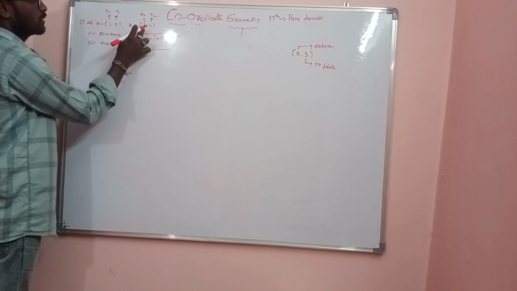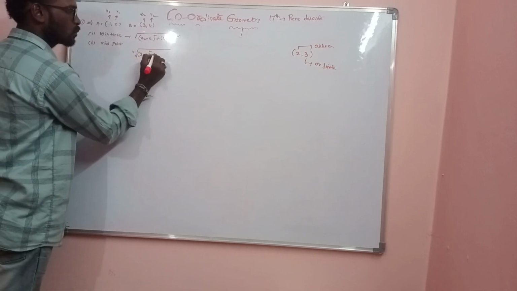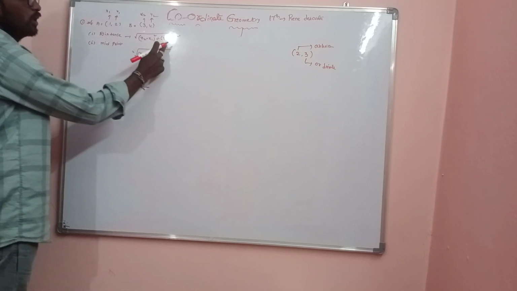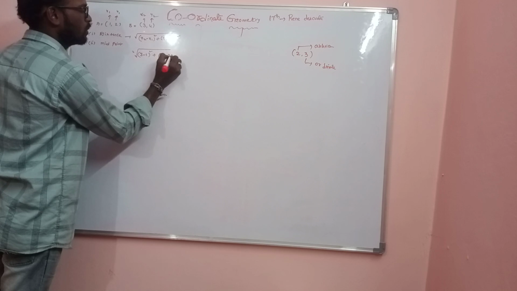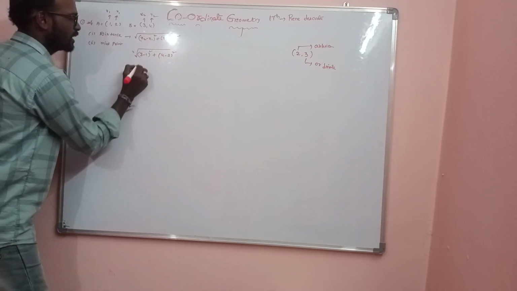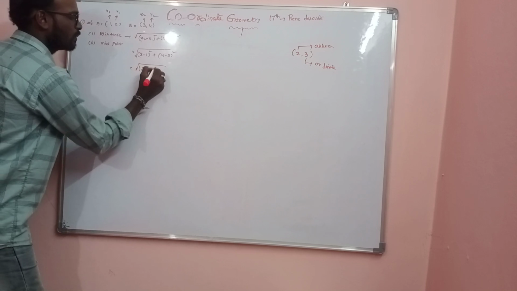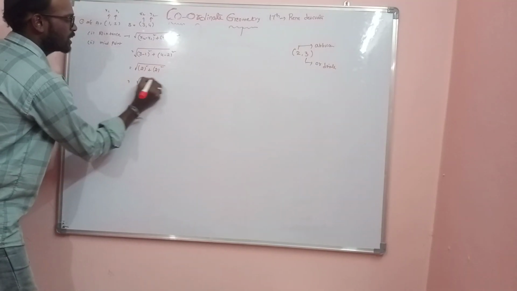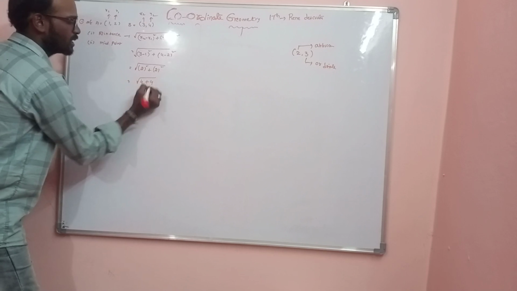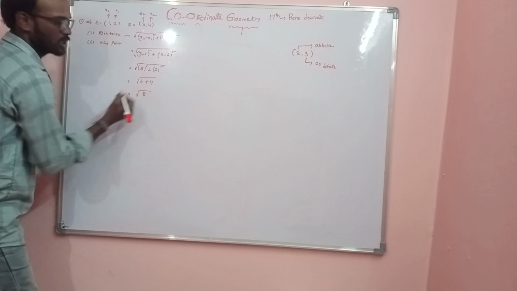So (3 minus 1) whole square plus (4 minus 2) whole square. The result is 3 minus 1, 2 square, plus 4 minus 2, 2 square. That means square root of 4 plus 4, that means 8.